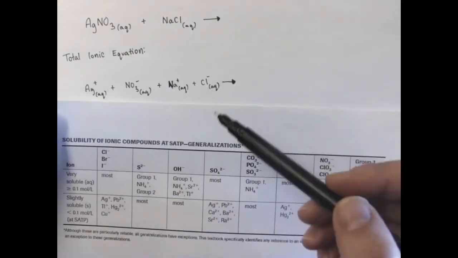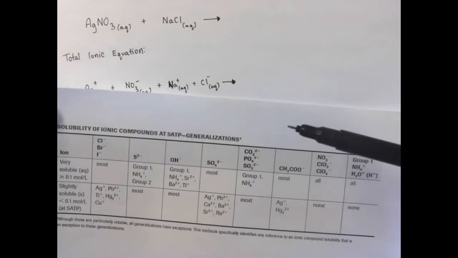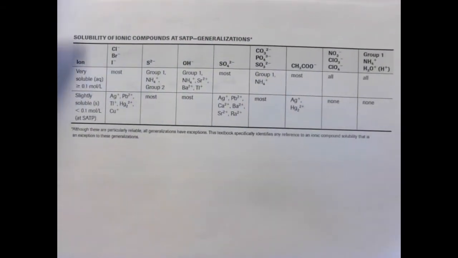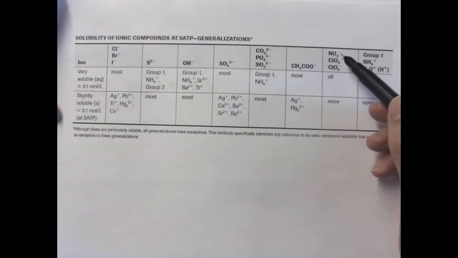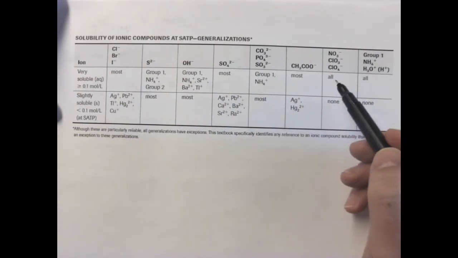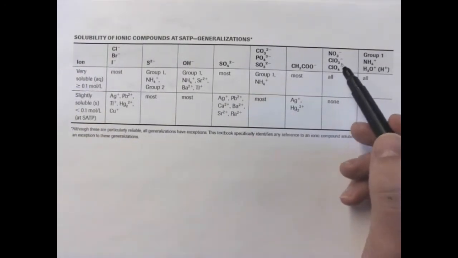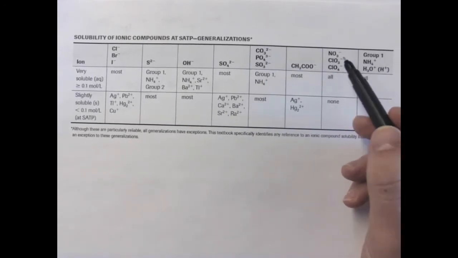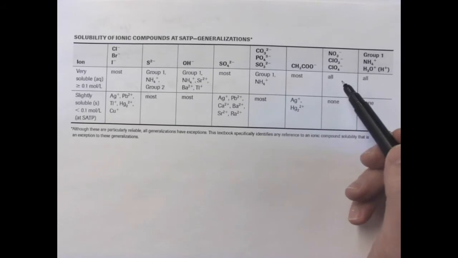So let's see if they're going to be soluble or insoluble in water. So first I find nitrate. Nitrate's over here, and it says nitrate is very soluble with everything. So you see nitrate or even chlorate or perchlorate here, they're soluble with everything.